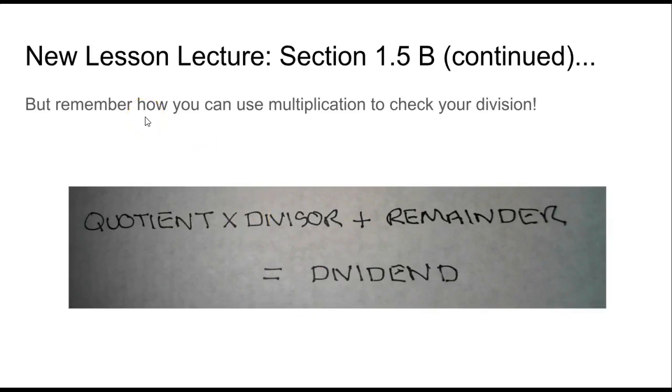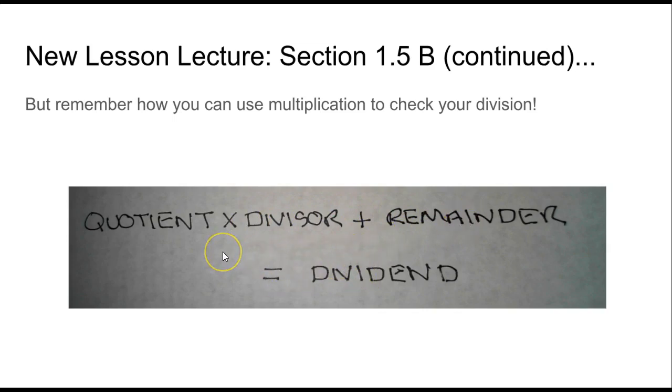So remember, just like we talked about before, you can use multiplication to check your division. You can still use multiplication to check your division when you have a remainder. And this is the formula, so you're going to want to remember this. The quotient multiplied by the divisor, and then adding the remainder, equals the dividend.